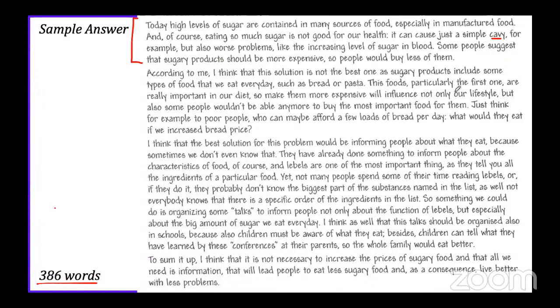So yes, that should be cavity, correct? The opinion is given in the second paragraph. It needs to be shifted, added to the first paragraph, right? Okay. Next, can you tell me what is the error in the second paragraph? In this paragraph?